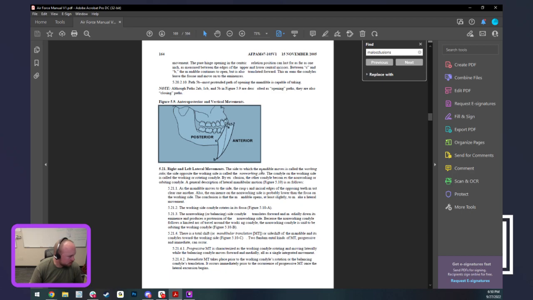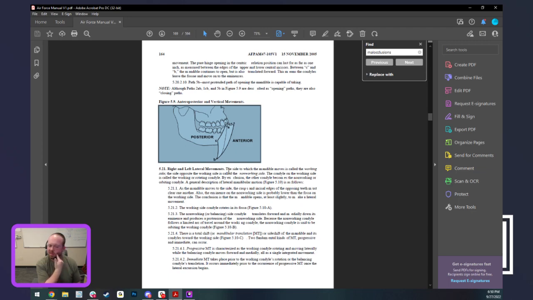All right, right and left lateral movements. So there's your right and left lateral movements. The side to which the mandible moves is called the working side. So if I'm moving that way, that's the new working side. And this is the non-working or balancing side.